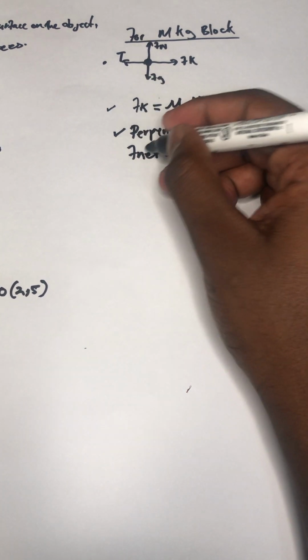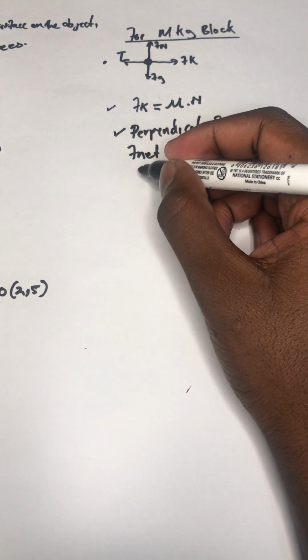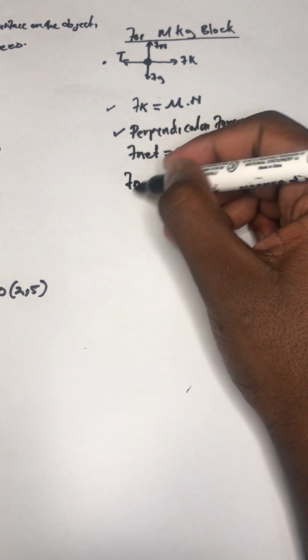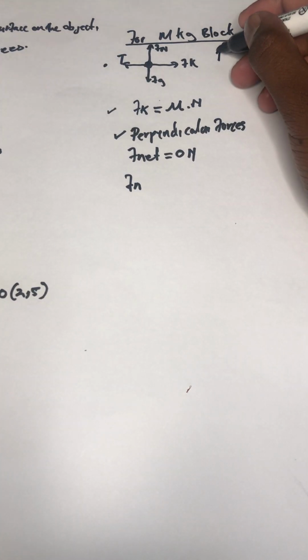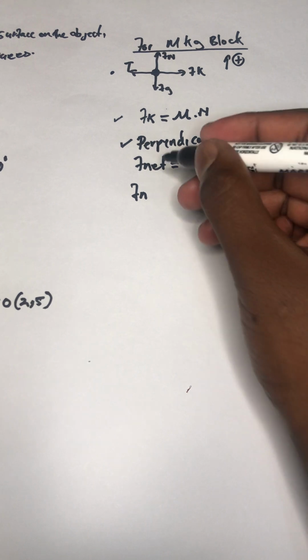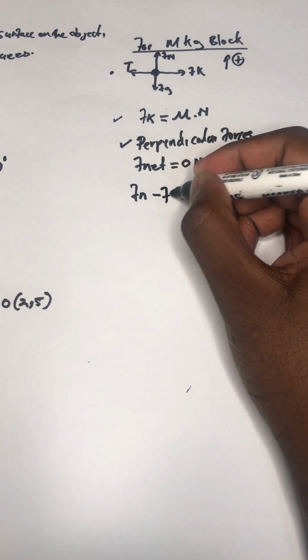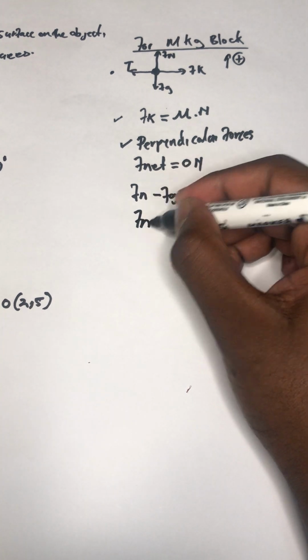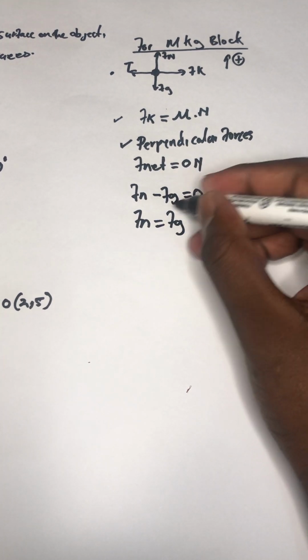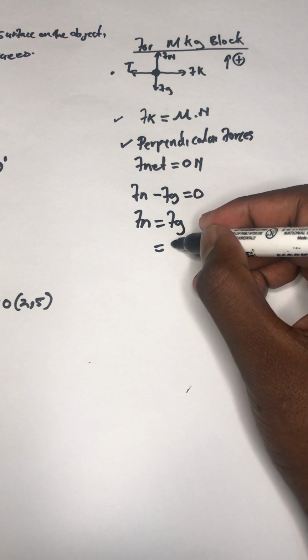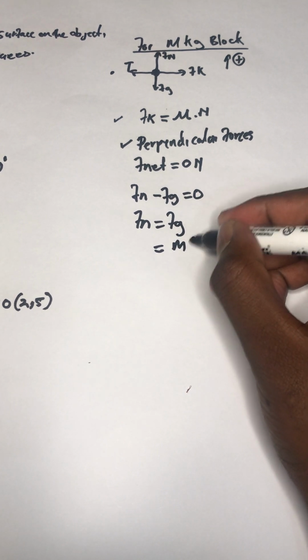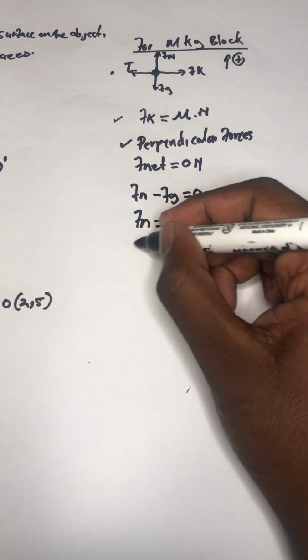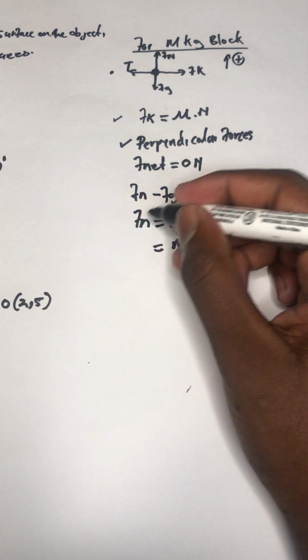We have Fn upward as positive. Fn minus Fg equals 0. So Fn equals Fg. What is your Fg? It is m times 9.8. So that is the normal force.